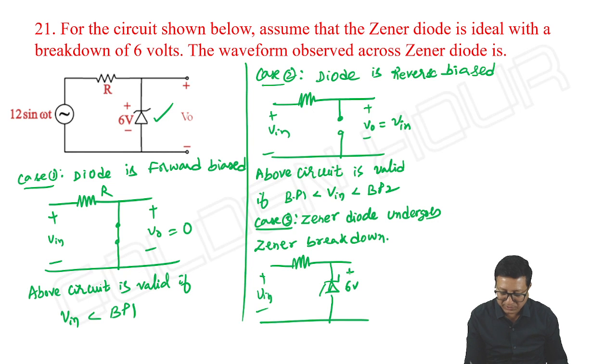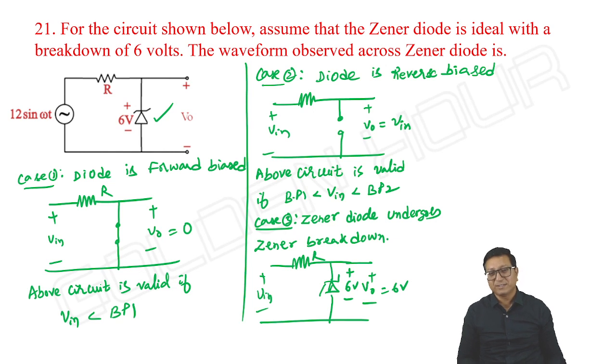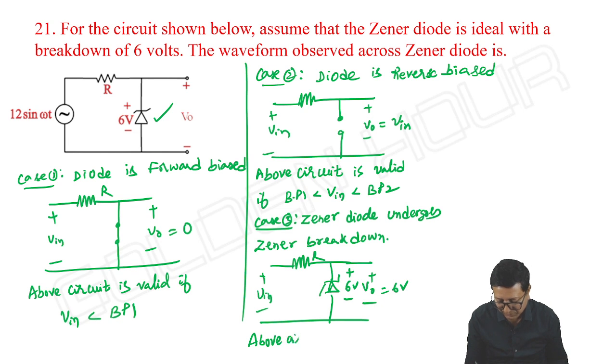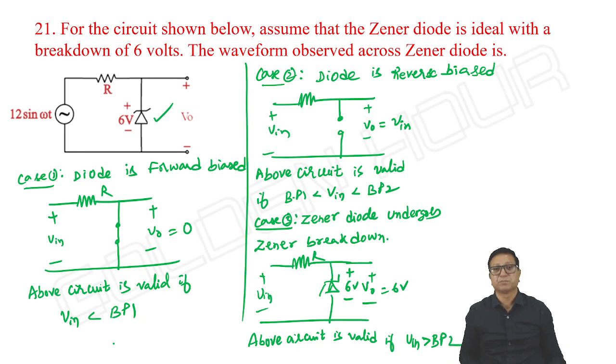It maintains a constant voltage of 6 volts from cathode to anode. So what is V output here? 6 volts. And how long is this valid? If the input is greater than 6 volts, under ideal conditions. Let me write it as breakpoint. Above circuit is valid if V input is greater than breakpoint 2. That's it.